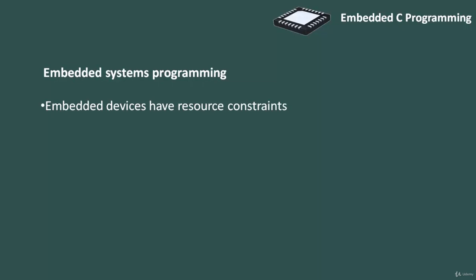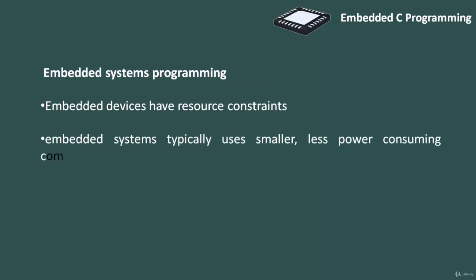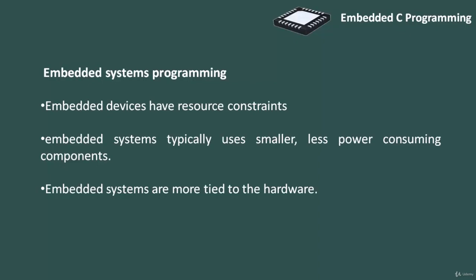That is, we have limited ROM, read-only memory, limited RAM, random access memory, limited stack space, and less processing power. Components used in embedded systems and PCs are different. Embedded system typically uses smaller and less power consuming components. Embedded systems are more tied to the hardware.